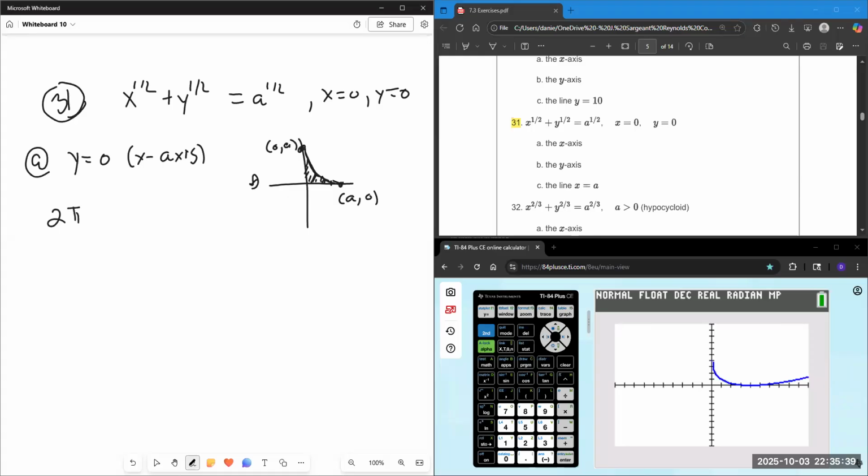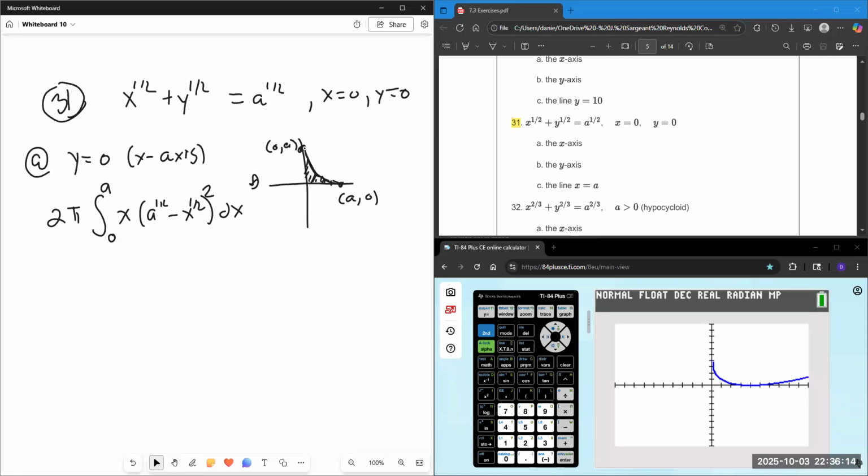So that's 2 pi, and then this is 0 to a, and the distance to the point there is going to be x times, and then solving for y as a function of x, that will be a to the 1/2 minus x to the 1/2 quantity squared dx.